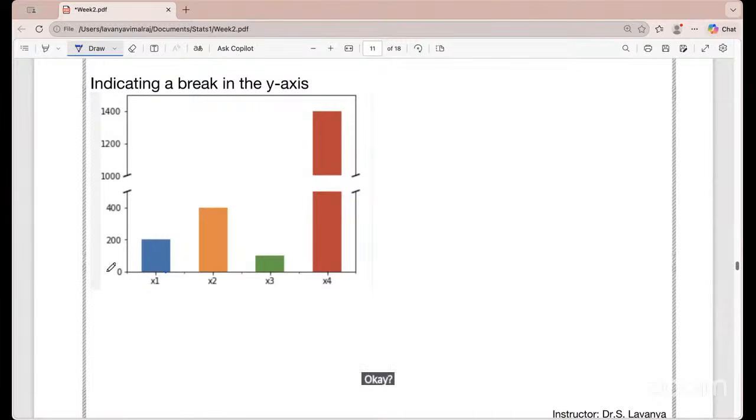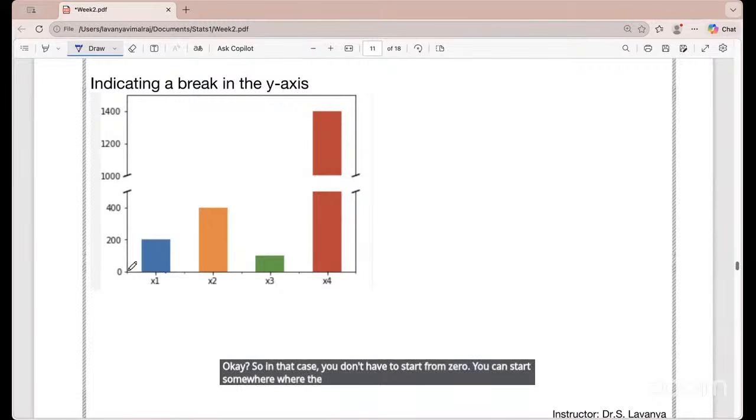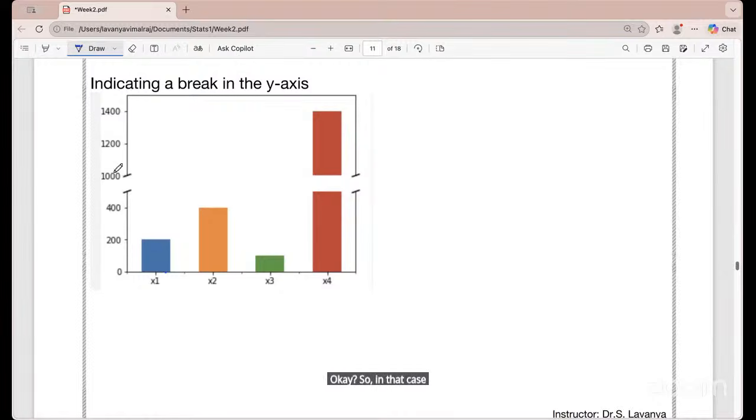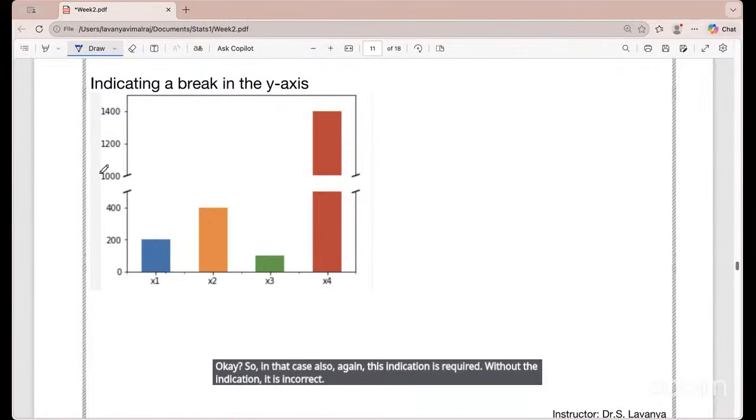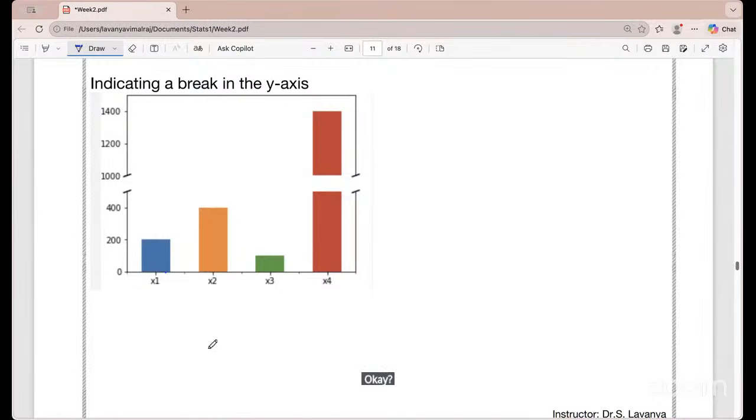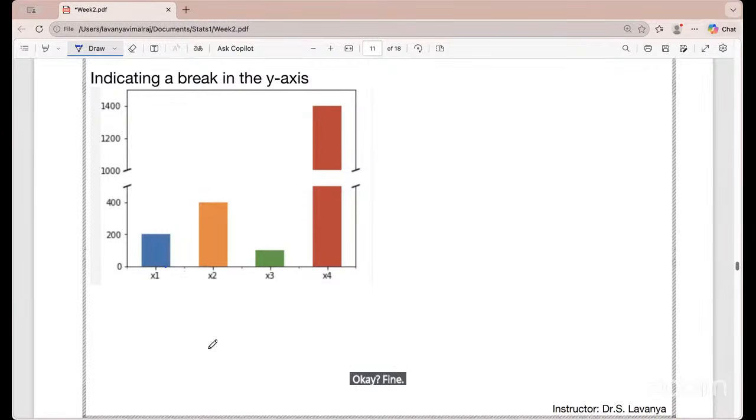In that case, you don't have to start from zero. You can start somewhere where the baseline makes more sense. In that case also, this indication is required. Without the indication, it is incorrect.